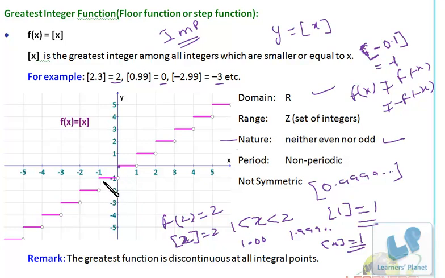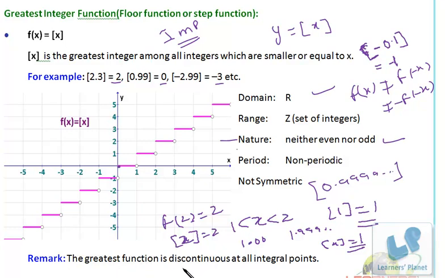Okay. After that, if it is -1 point something, then it will shift to -2. If it is -2 point something, it will shift to -3, right? Similarly, the graph will proceed. So we are going to get straight lines which are parallel to the x-axis. So this is going to be an important function that you should keep in your mind.